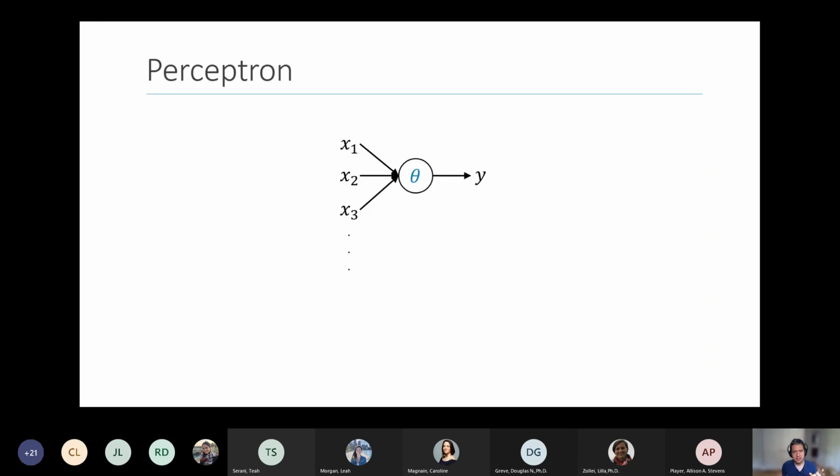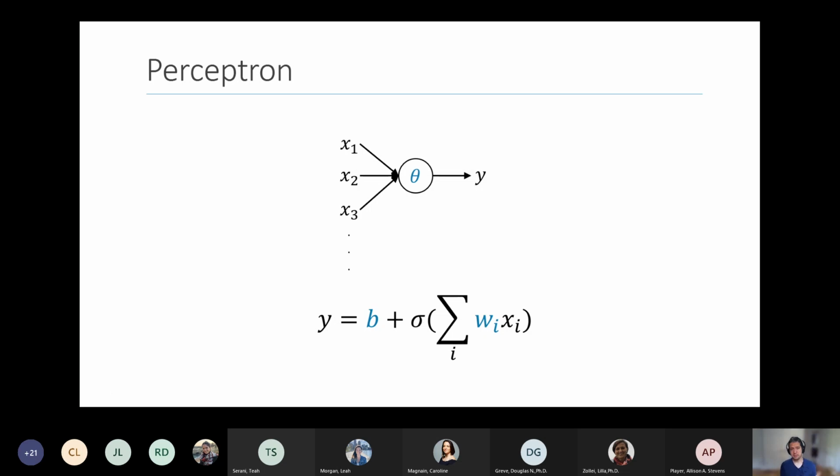And of course, as I showed in the diagrams earlier, you don't actually have just one input, usually, to a perceptron. You have several inputs. And so we just modify that function a little bit by adding a sum in here, right? For every input, you have its own little weight that gets learned, that gets multiplied with the input, and then you add it up before you pass it to the nonlinearity.